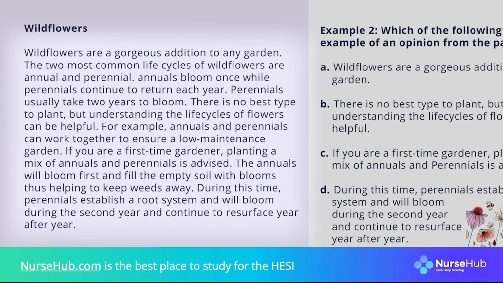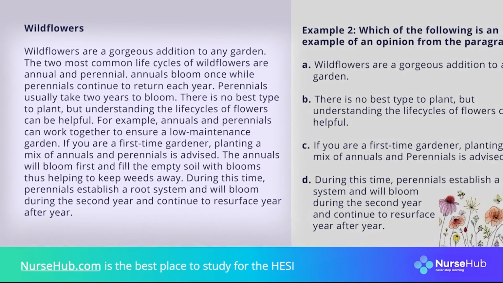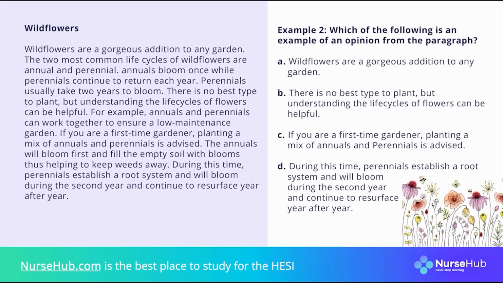For example, annuals and perennials can work together to ensure a low-maintenance garden. If you are a first-time gardener, planting a mix of annuals and perennials is advised. The annuals will bloom first and fill the empty soil with blooms, thus helping to keep weeds away. During this time, perennials establish a root system and will bloom during the second year and continue to resurface year after year.